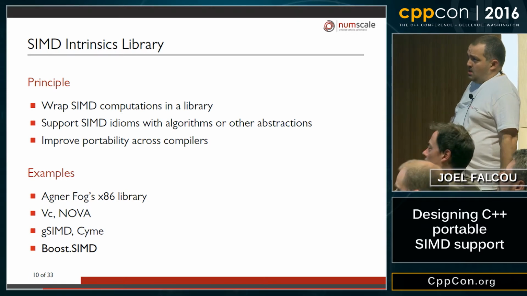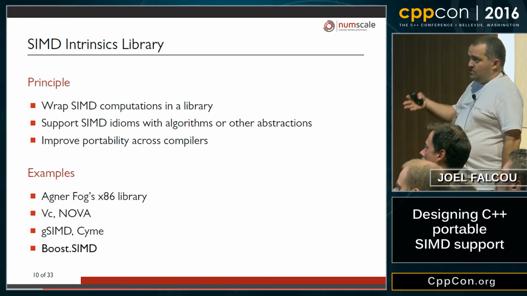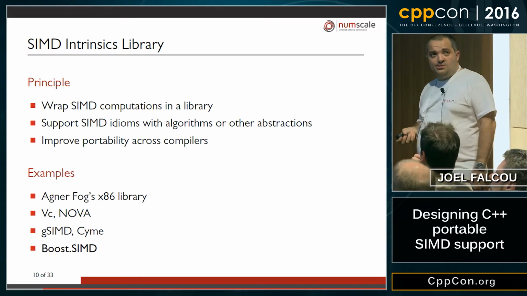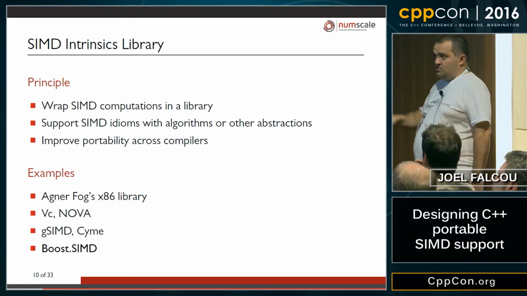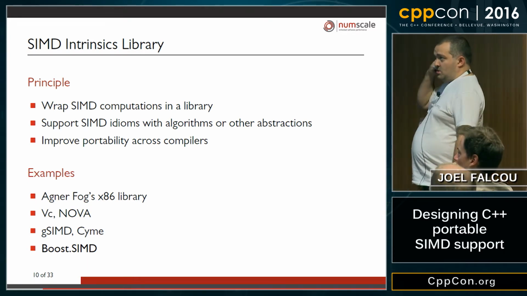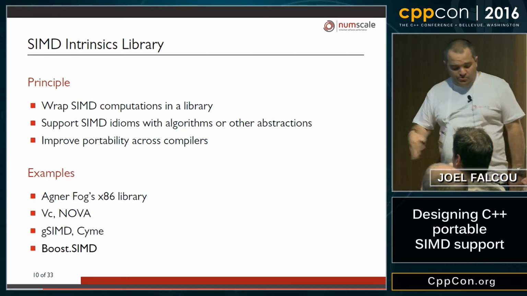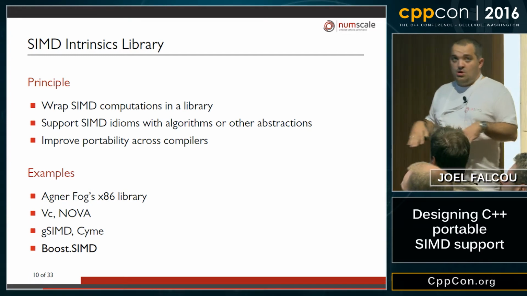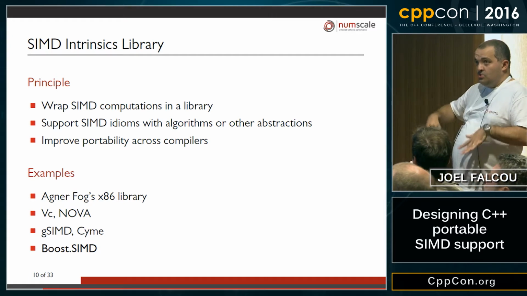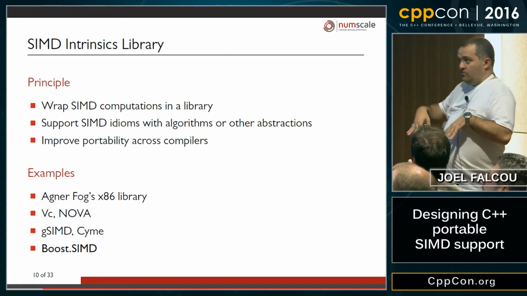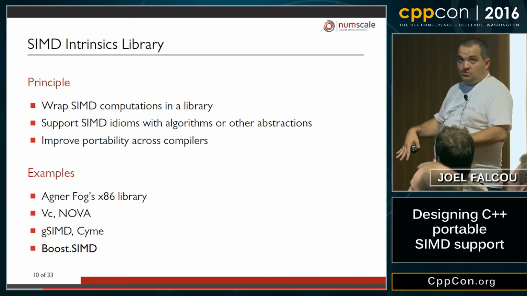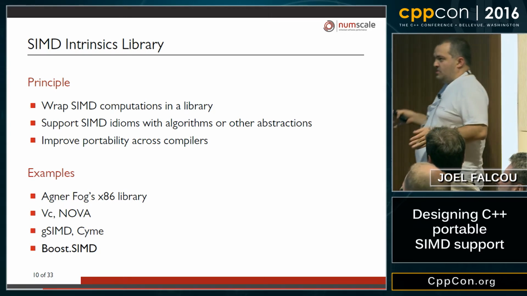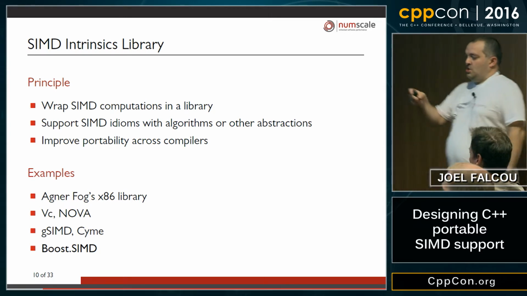You can also try to wrap some very specific SIMD items within algorithms or other adapters and abstractions. It's helpful because you can improve portability across compilers, because at the end, you will just call whatever is the lowest level way of accessing those registers. There is a bunch of them. I'm just citing a few.